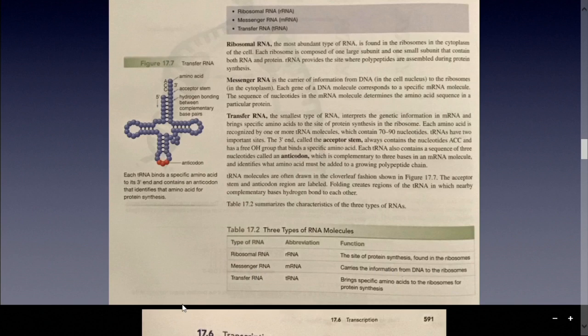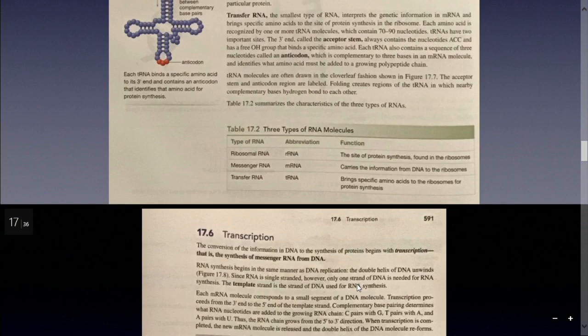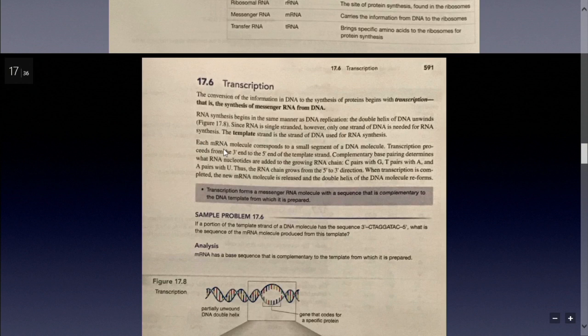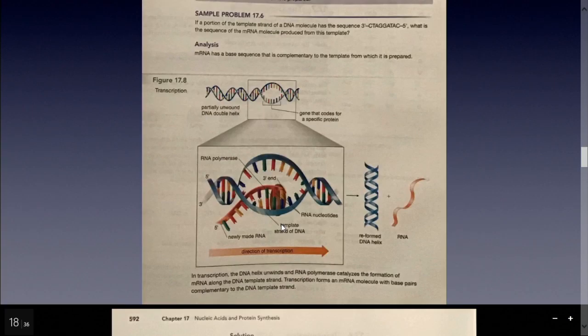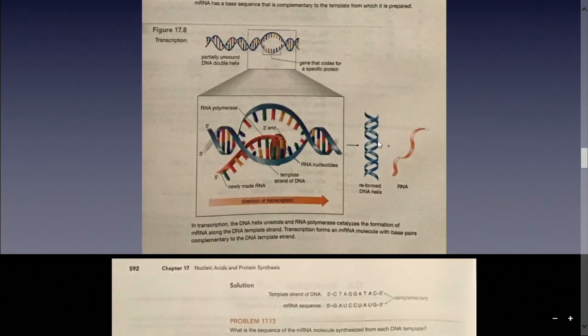And then translation is the process by which transfer RNA will interpret the messenger RNA by bringing specific amino acids to the ribosome for protein synthesis to occur. All right. And so the next lessons will be about transcription, how to make that transcript from the DNA.